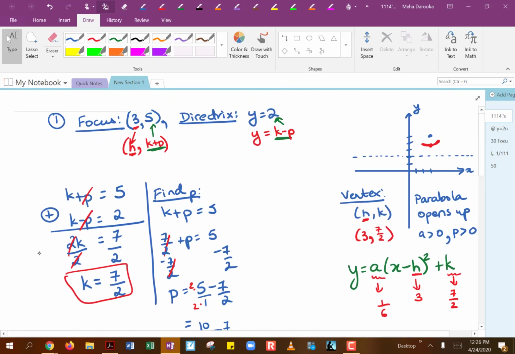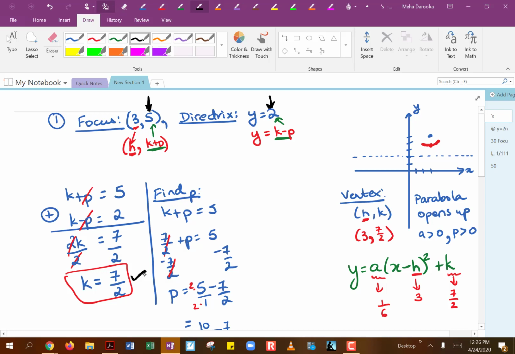Now, the other thing I wanted to mention before we move on from here is basically remember between the y value from our focus and the value of your directrix, your k value or the vertex is always going to be halfway between that. So you could have basically just added 5 plus 2, 7 and divided by 2, which would have also given you this k value of 7/2.